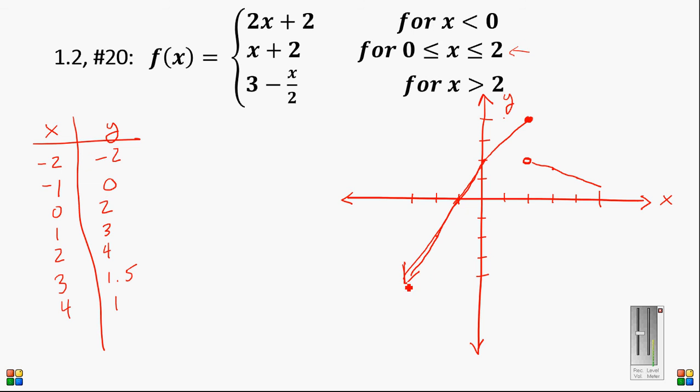So there is an arrowhead on this end, and there is an arrowhead on this end. 2 is not included in the function 3 minus x over 2. 2 was included in the function from here to here, between these two dots, which was x plus 2. And then this function going off this way was 2x plus 2. So hopefully that helps you out a little bit on this particular problem too.